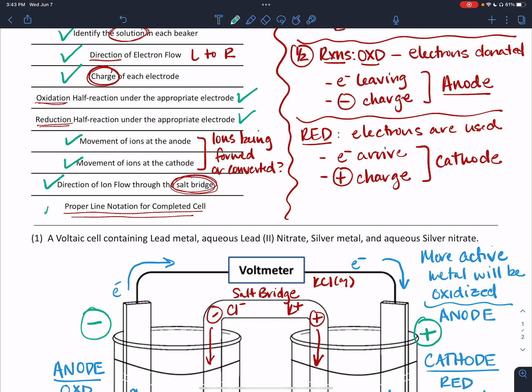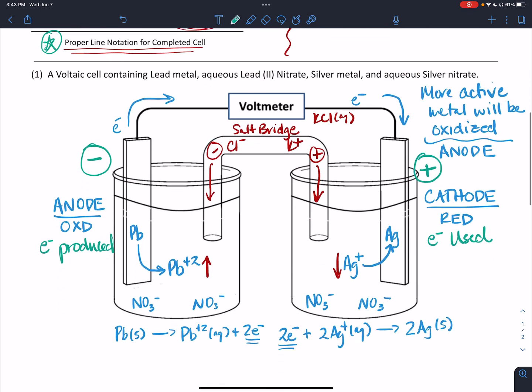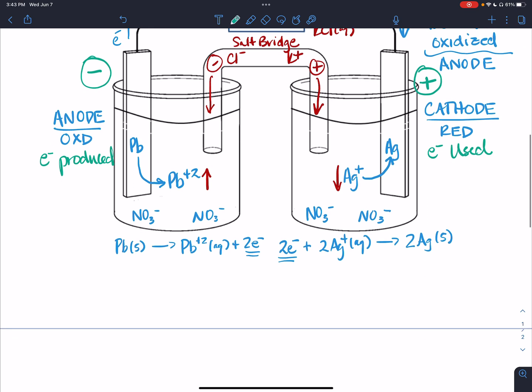And then the last one is this line notation. Generally speaking, you always write the anode and then the cathode. We start with the metal. So our line notation for this particular setup is going to be lead solid.